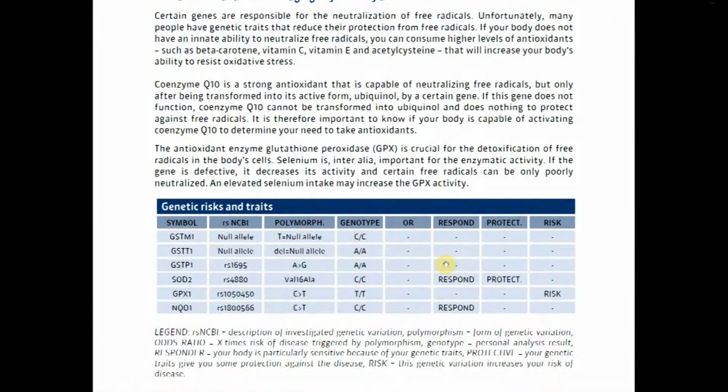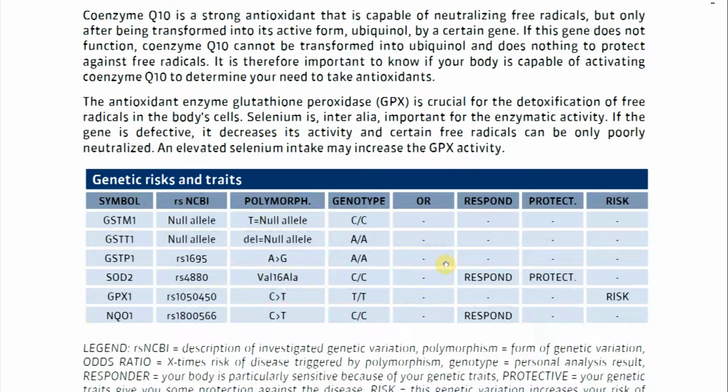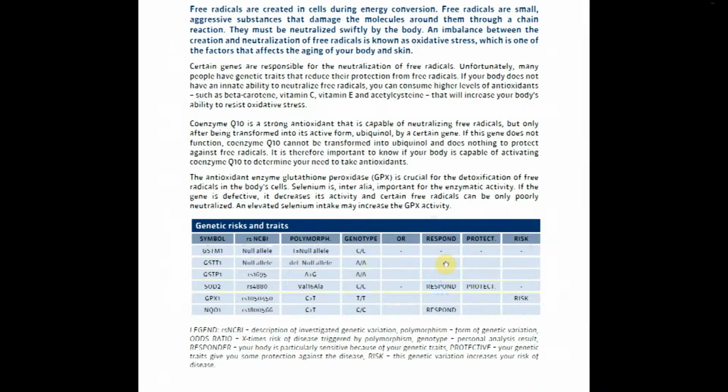Now, since nature knew that these free radicals are so detrimental to health, we have a number of safeguards, and these genes here have these roles. So these genes protect us in different ways from these free radicals.